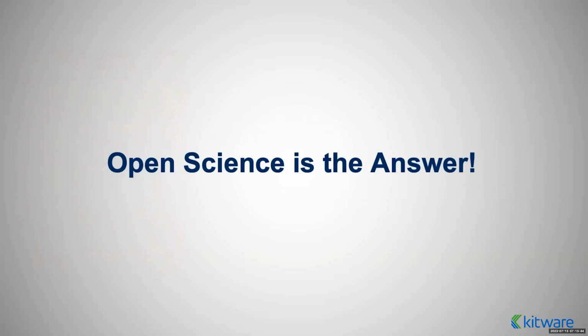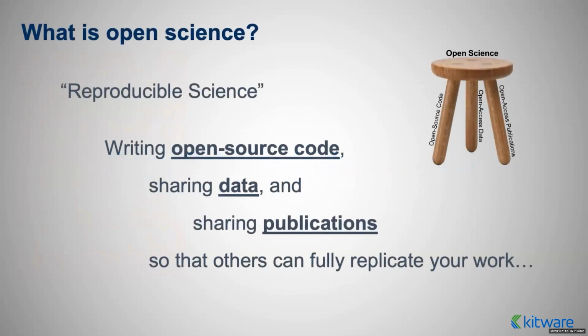And I heard the term open science from Terry Yu at the National Library of Medicine back in about 2000, 2001. And I've just been fascinated with it ever since. And what is open science? Well, it is reproducible science is what it comes down to. It's science where, relevant to us computer scientists and MONAI and so forth, the source code is released and made freely accessible to everyone.